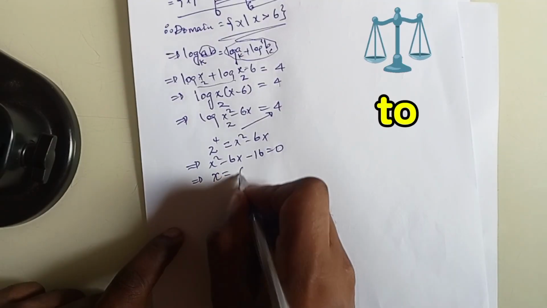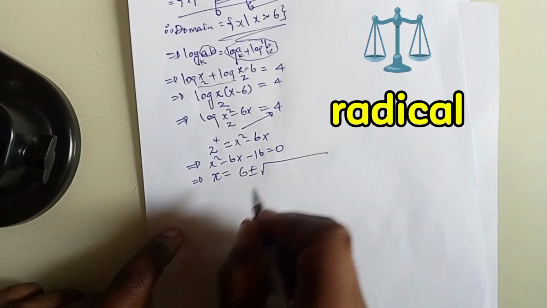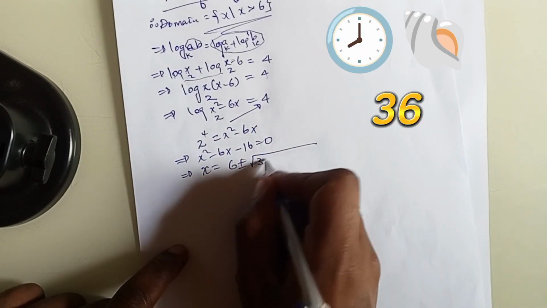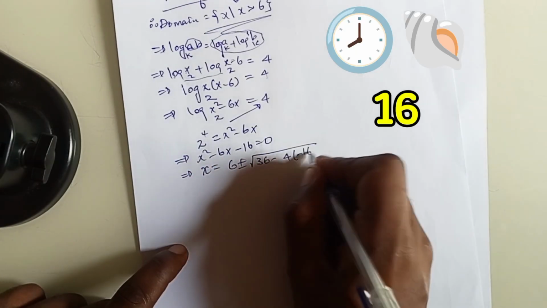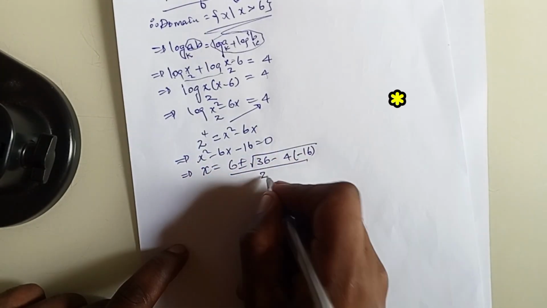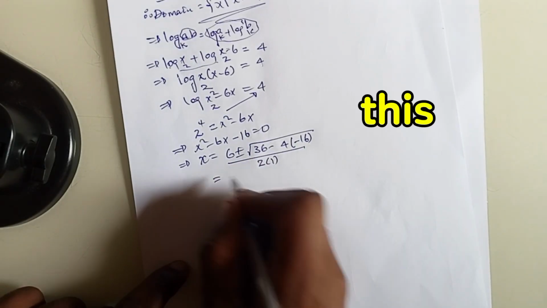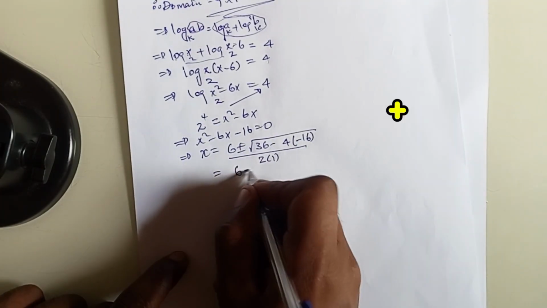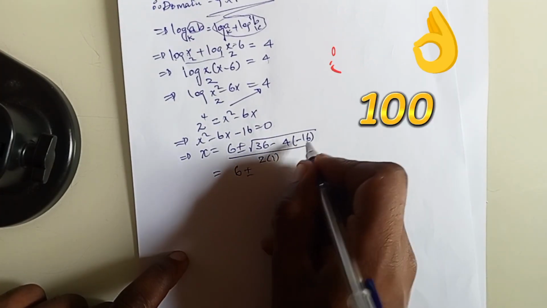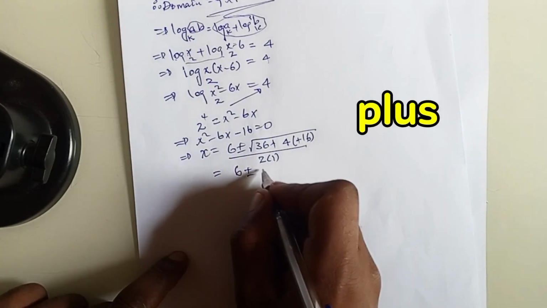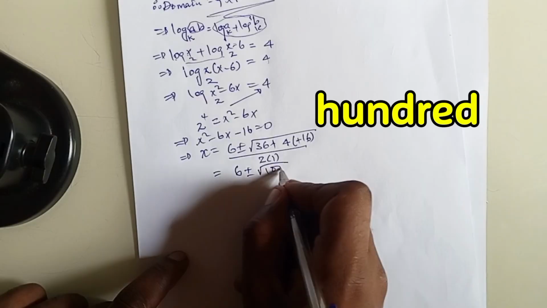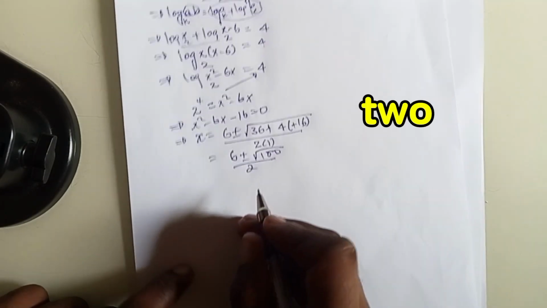x is equal to 6 plus or minus the square root of 6 squared, which is 36, minus 4 times a times c, minus 16, over 2 times 1. So this is 6 plus or minus the square root of 100, because 64 and the minus will be plus, over 2.